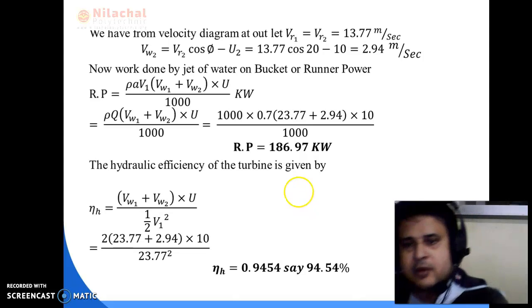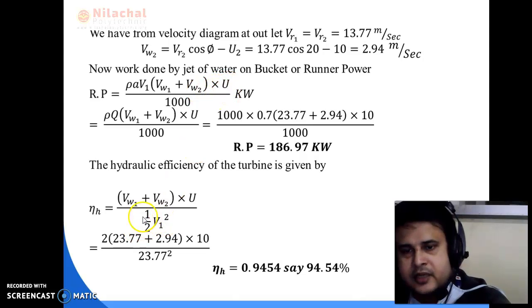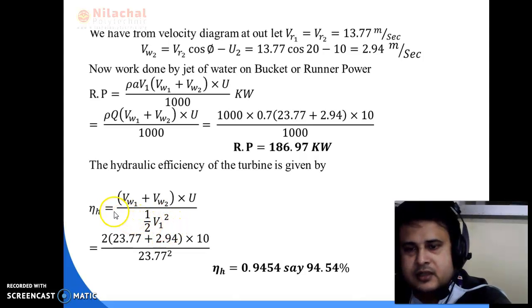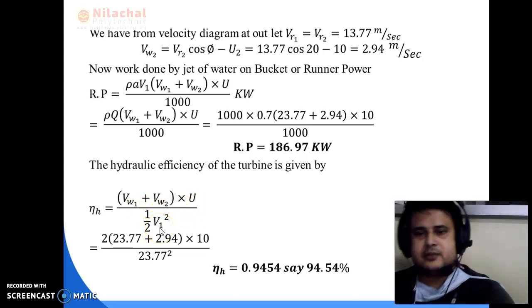So the runner power is rho A V1 (Vw1 plus Vw2) into U, divided by the inlet energy. Inlet energy means the kinetic energy per second. So rho A V1 will cancel out, and the rest of the term will be eta H is equal to (Vw1 plus Vw2) into U divided by 1/2 V1 square.